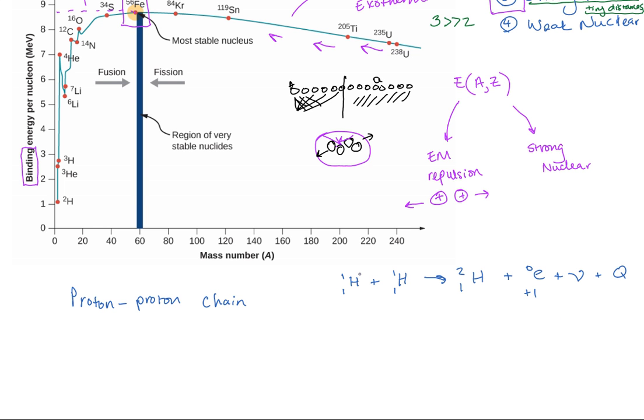Now, some of these free hydrogens that are floating about will form a compound with this heavier hydrogen as well. And what starts to form now is an isotope of helium. So this is a chain reaction of events. We get this first reaction, then the second reaction, which actually produces gamma radiation and again energy.